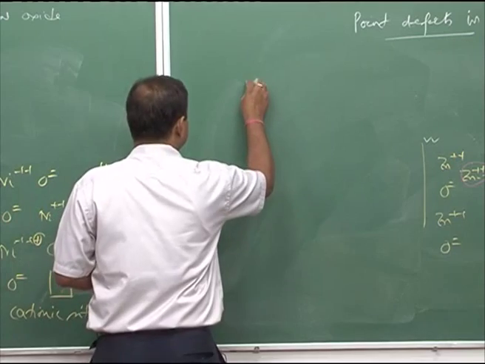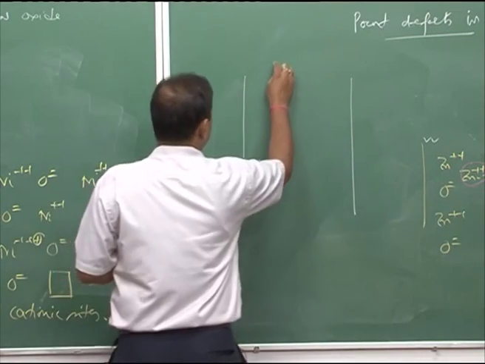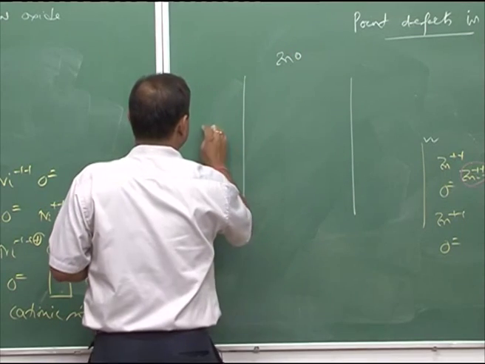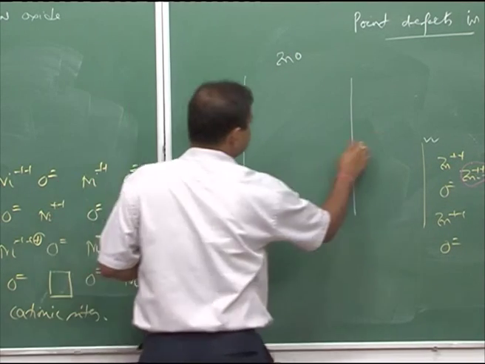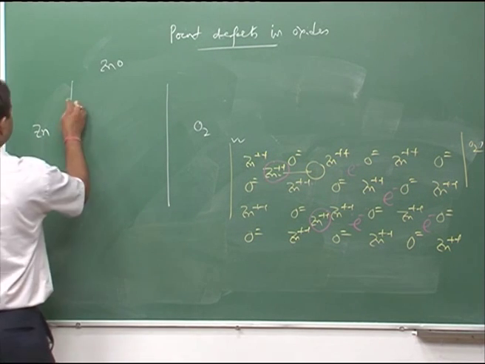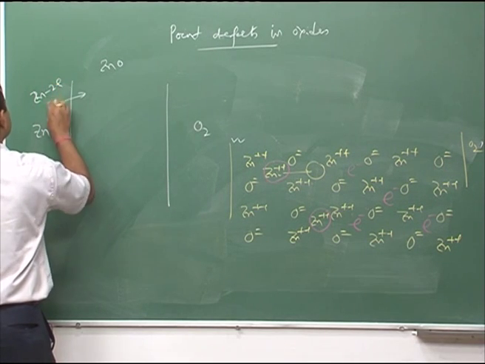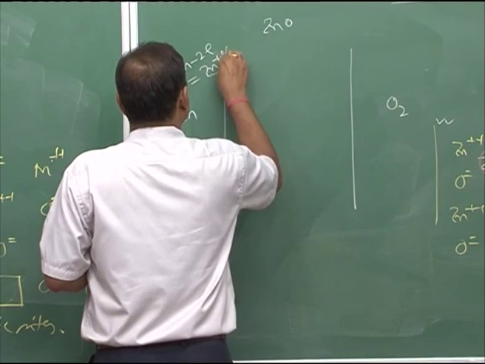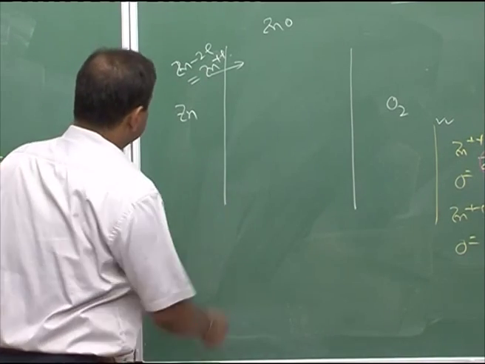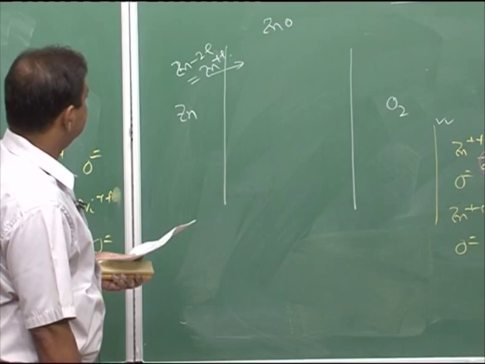If we see the schematic representation, this is oxide and this is zinc, this is O2, and there we have anodic reaction on this surface, which is the metal oxide interface.